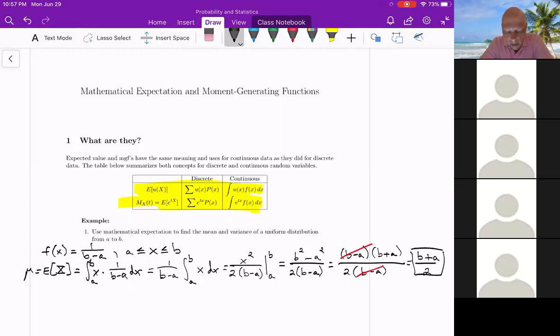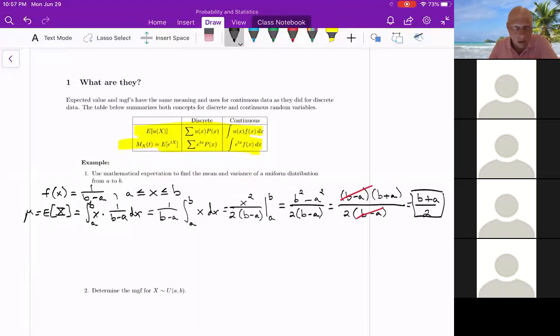So that's our mean. Now we need to go through the process of finding the variance. Variance isn't especially different. We need the second moment, so we need the expected value of x squared, which is the integral from a to b of x squared times 1 over b minus a.